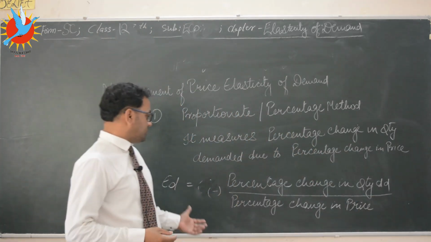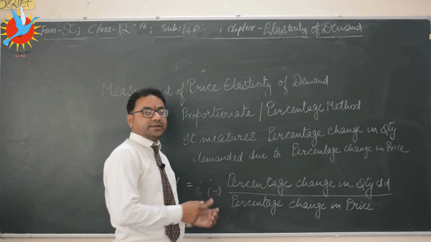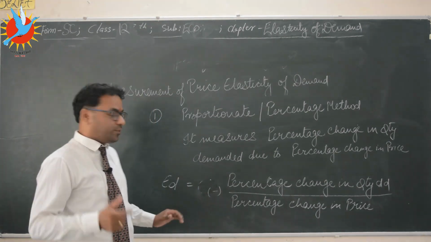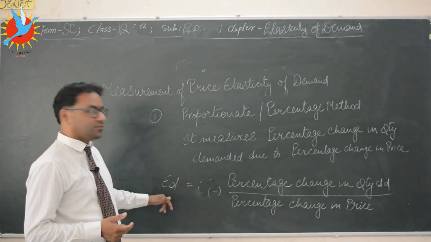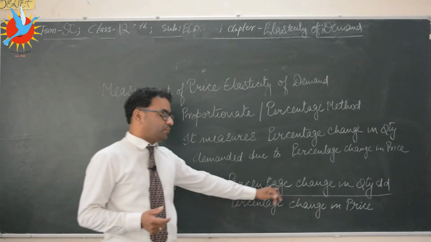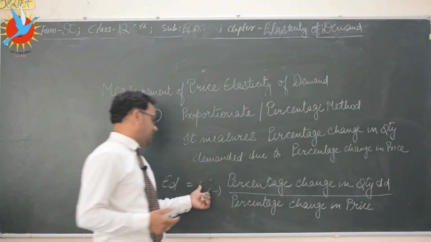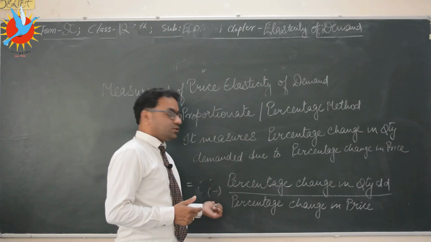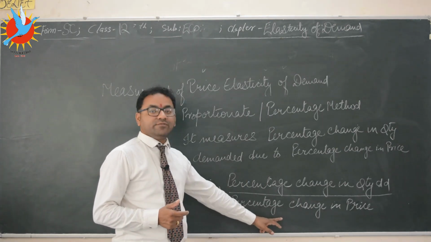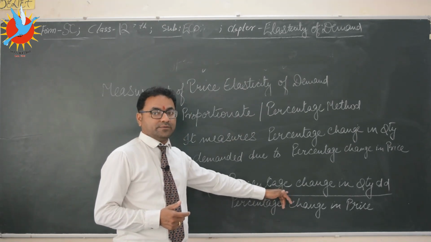Now in board exams, often it is asked what is the significance of this negative sign? Let me elaborate it. This ED is called price elasticity of demand. This is the value which we get after measuring this fundamental. So this negative sign, all of you please make note. This negative sign shows that there is negative relationship between price and quantity demanded.